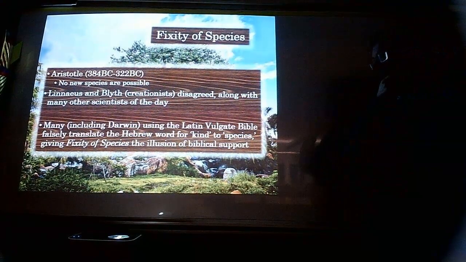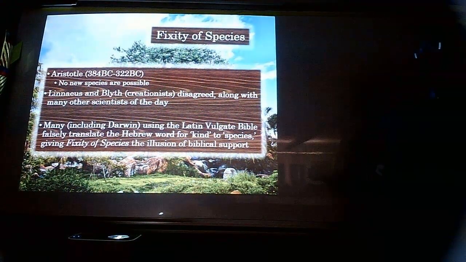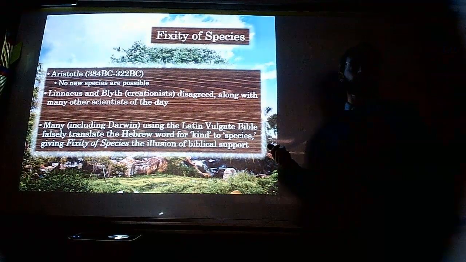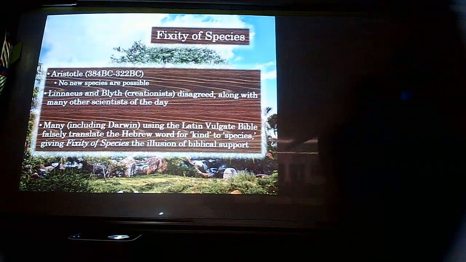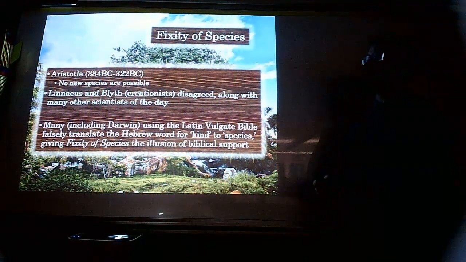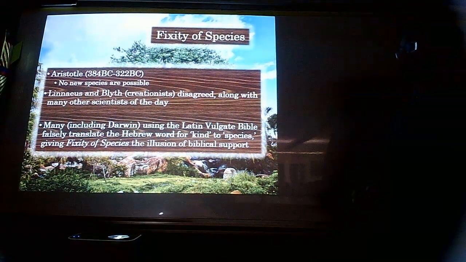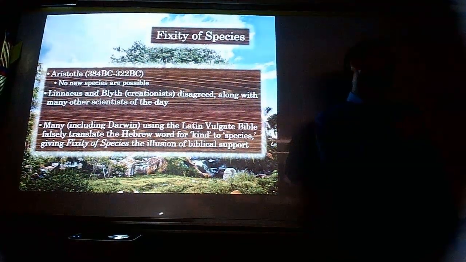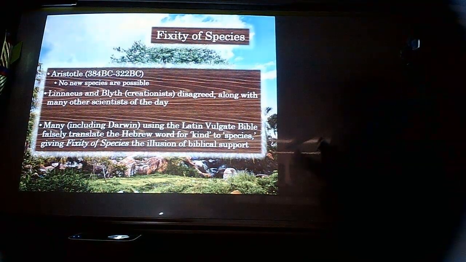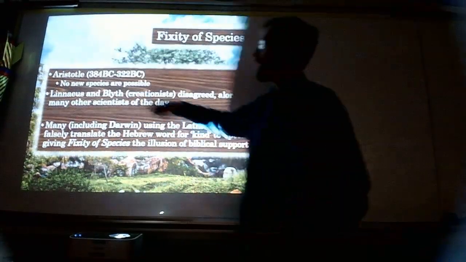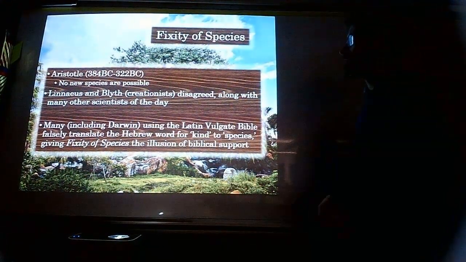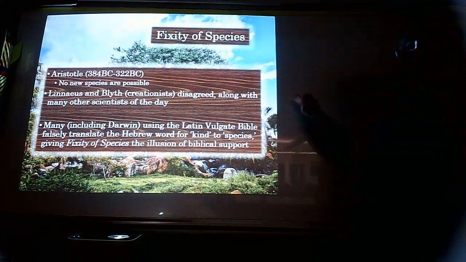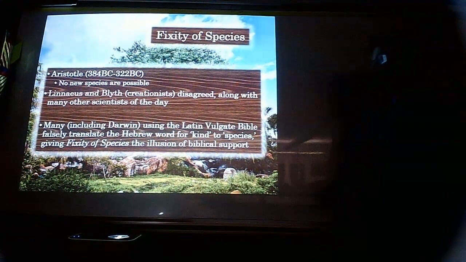So even though he believed it was a creative force, and a lot of people in his time believed that same thing in the later part of the 1800s, a lot of people on the creation side of the story who believed in the biblical version of history correctly did not believe that natural selection was a creative force. Carl Linnaeus, Edward Blythe, you might have heard of those individuals. They disagreed, along with many other scientists of Darwin's day.